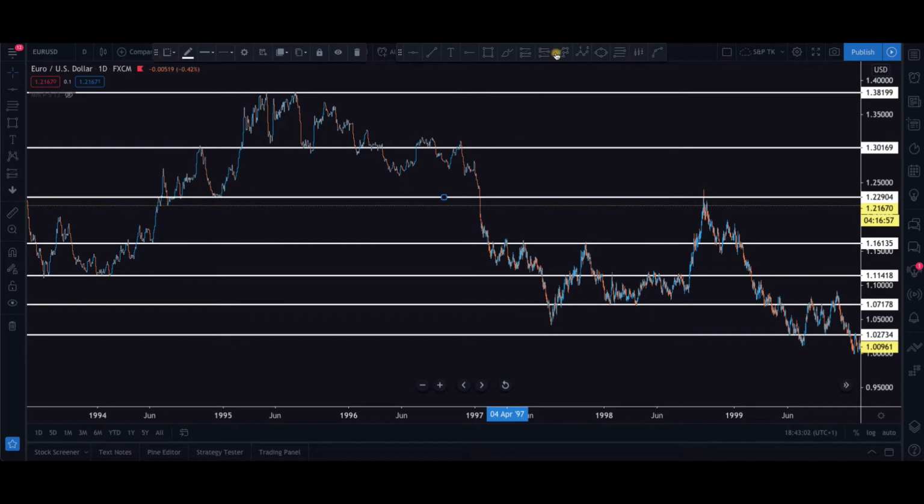As you can see, they all provide a reaction for the price, a reaction on a bullish and on a bearish way as well.